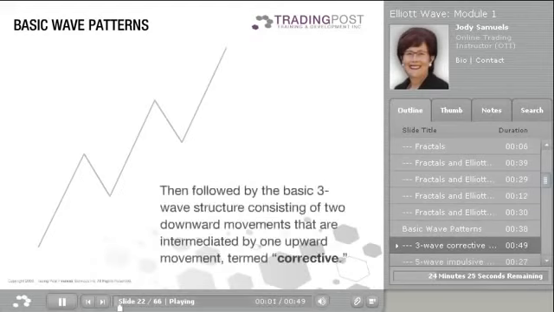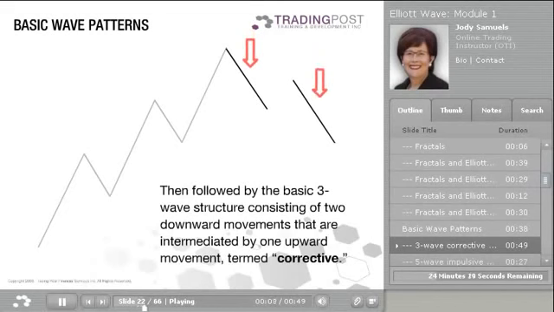Then it is followed by the basic 3-wave structure, consisting of 2 downward movements that is intermediated by 1 upward movement, termed corrective. The correction is lettered A, B, C. A 5-wave advance or decline is followed by a 3-wave move in the opposite direction.